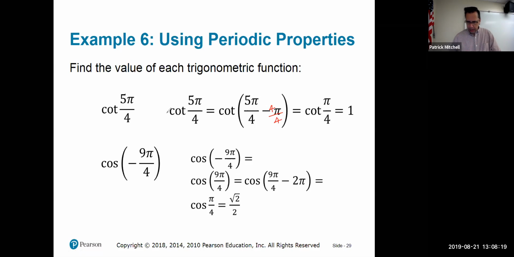Let's see, maybe it would help if I added one step right here. Okay, so I'm going to write cosine of 9 pi over 4 minus 8 pi over 4. That's just getting a common denominator.